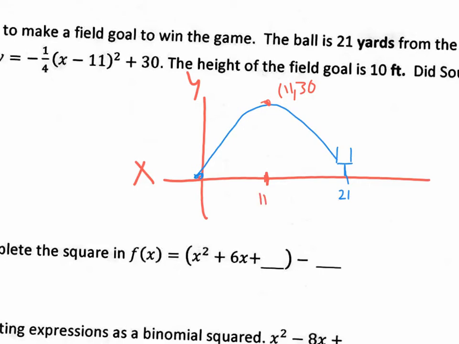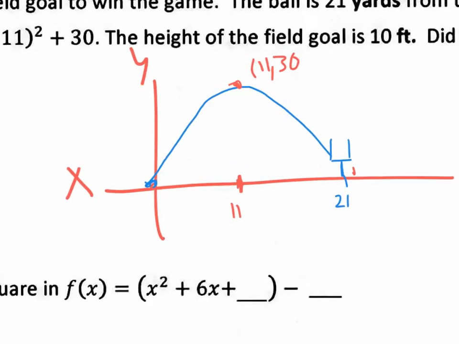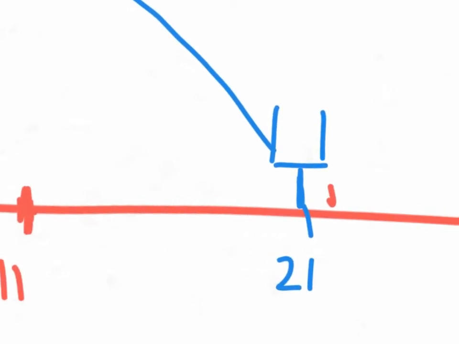And from the 11 yards all the way to the field goal would be another 10 yards. So if we think about the axis of symmetry, if the intercept is 0 and it's 11 this way, then it'd get to 22.